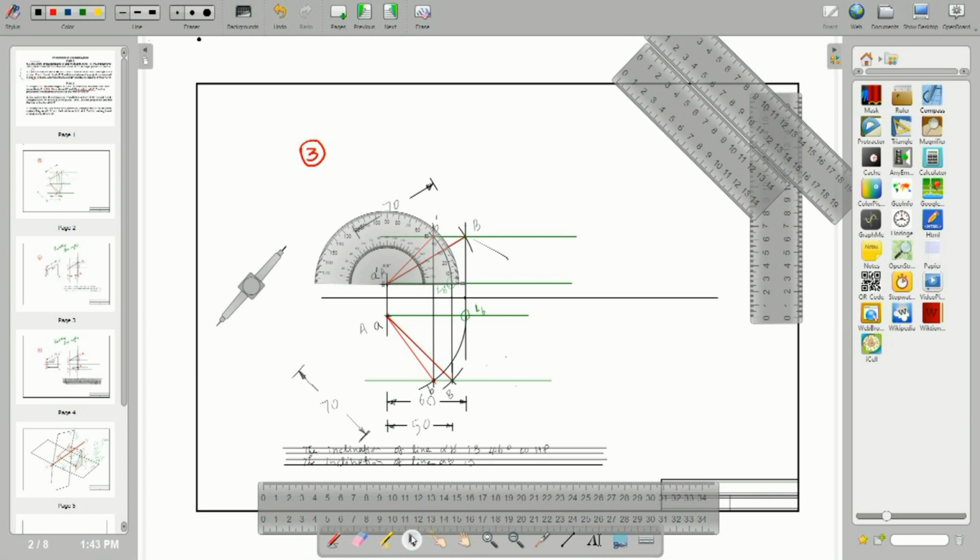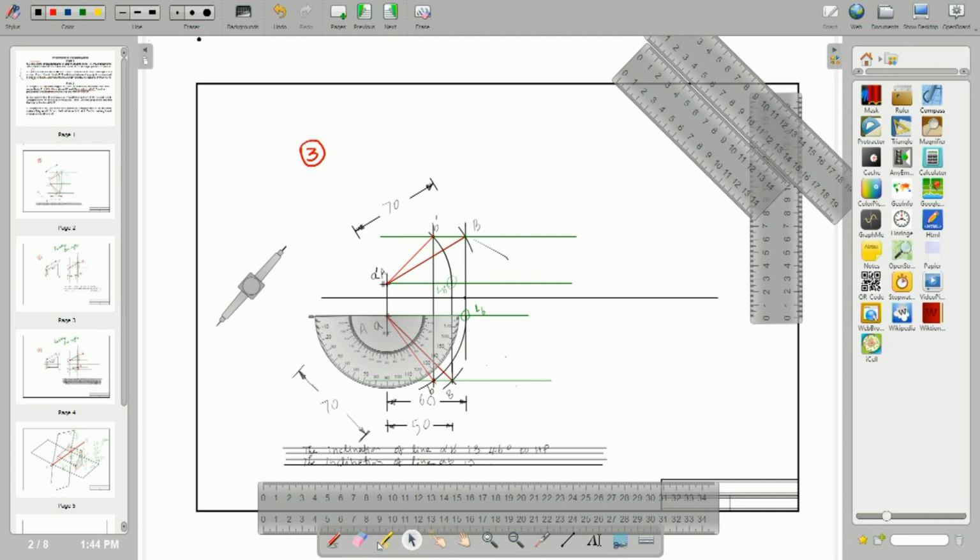Similarly, in the bottom, you have to place this here and rotate, and find out how much this is. 10, 20, 30, 40, 50, around 55 degree.